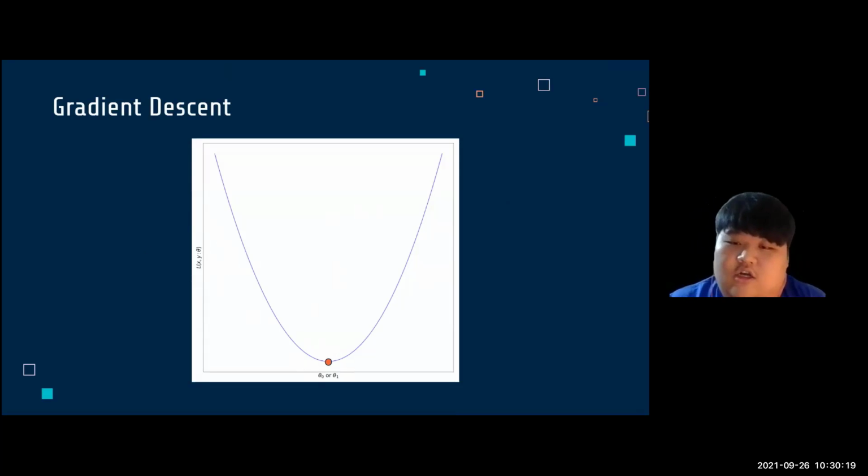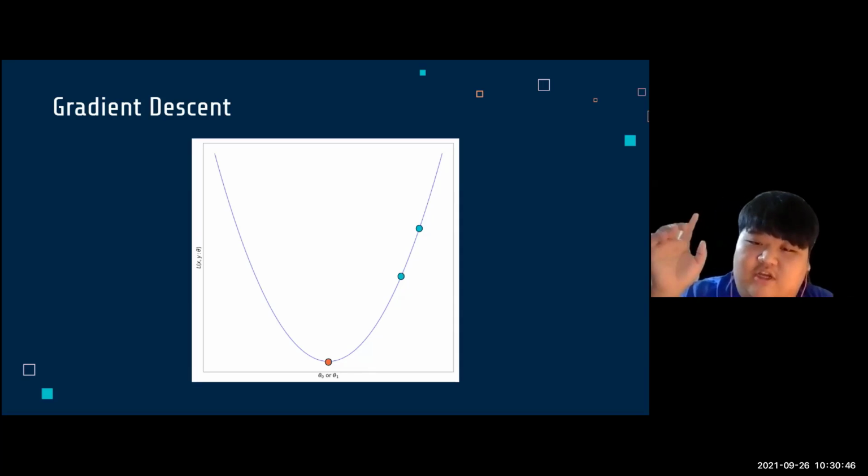Okay, then let's say we're at this point. Then we want to go to this minimum point. So we're going to gradually move there, slowly, step by step. But how do we do that? How do we move our loss towards the minimum point? Here, we use the concept of derivative. So look at these 2 points.